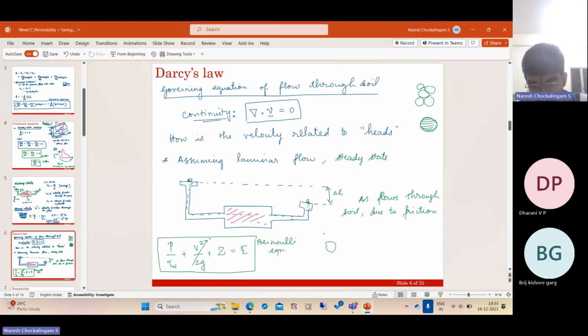So if there are particles like this, water flows this way. And as it flows, due to the friction here, some amount of the energy is dissipated as heat. A part of the energy, so it may be heat. So due to friction, there is energy loss.